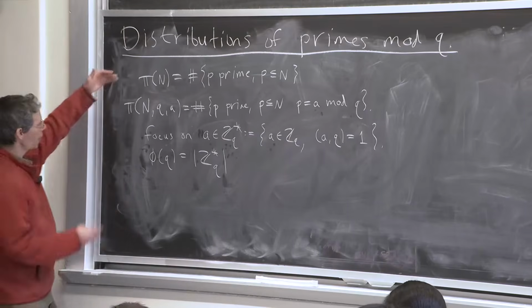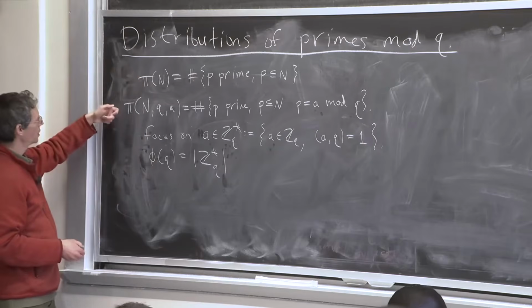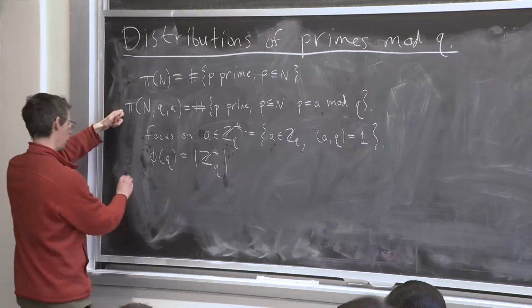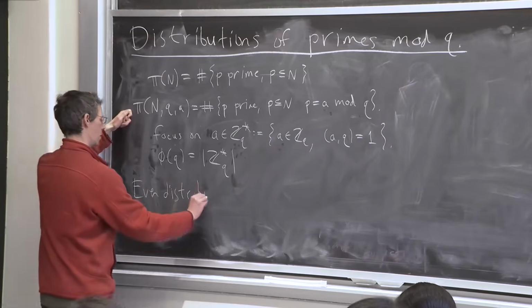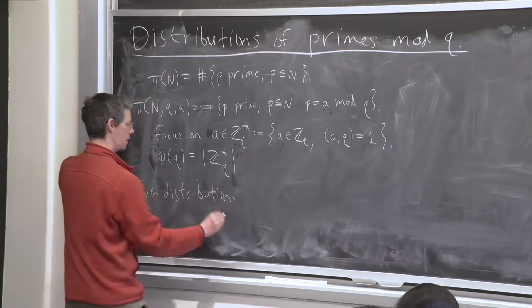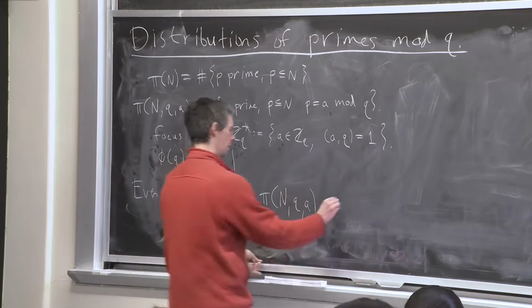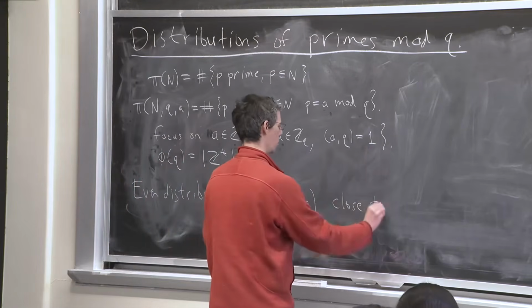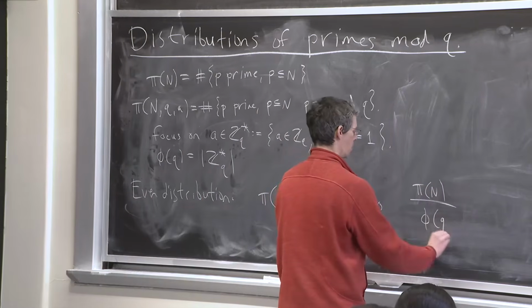So if the primes were really evenly distributed among the modulus classes, then we see even distribution. That means that the actual number of primes in the modulus class is close to the total number of primes divided by the number of modulus classes.